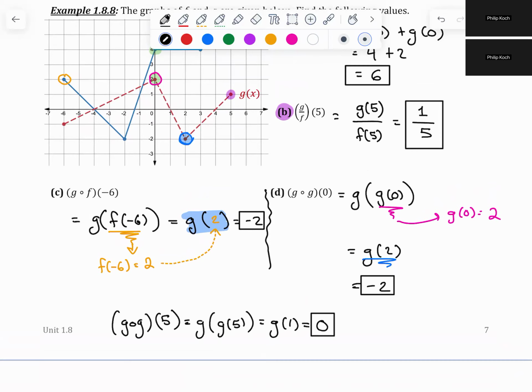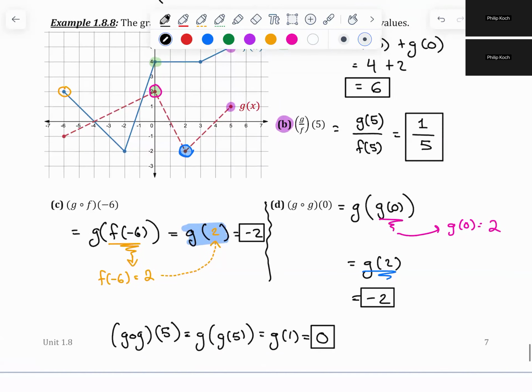There is a situation that would be fun, where you'd have to create the equation of the line to figure out what the value would be, because it's not a nice line, but I actually just found, I'm going to change that one to G composed of G of 5. That'd be way easier. So that's 1.8.8 D.